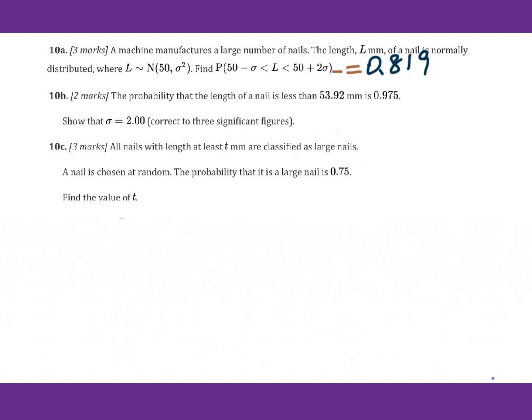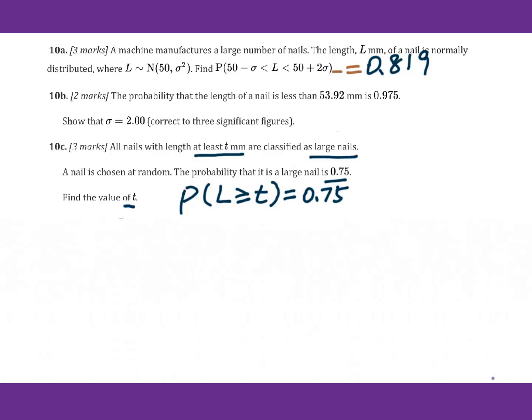All nails with length at least t millimeters are classified as large nails. A nail is chosen at random. The probability that it's a large nail is 0.75. Find the value of t. According to the information, we know L is greater than or equal to t, which is 0.75.